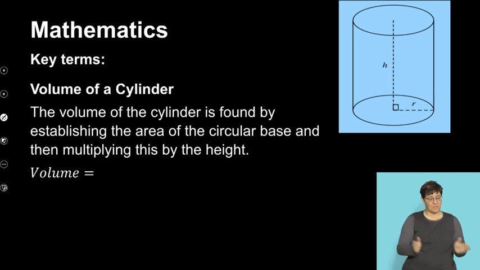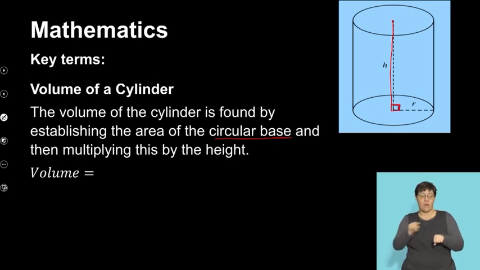So we are now going to calculate the volume of a cylinder. The volume of the cylinder is found by establishing the area of the circular base and then multiplying this by the height. Again, it's going to be the perpendicular height. We can see this perpendicular height has been labeled specifically because we have this right angle present. Now, if I'm first going to calculate the area of the circle at the bottom, I have to use the radius.